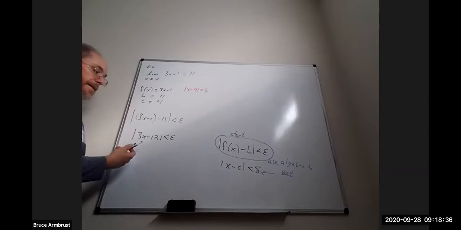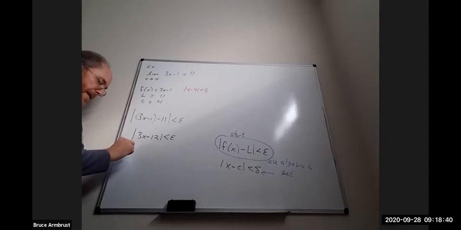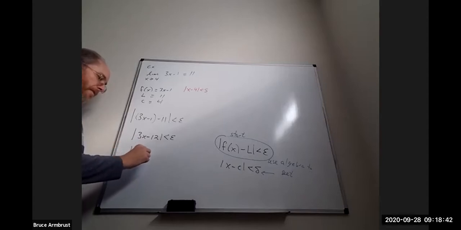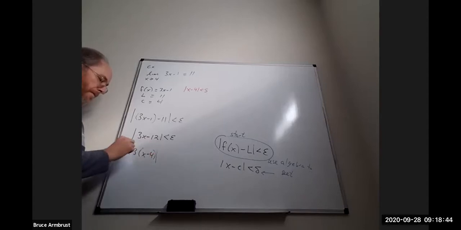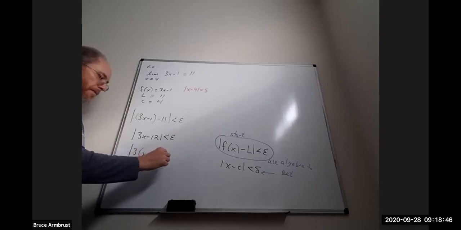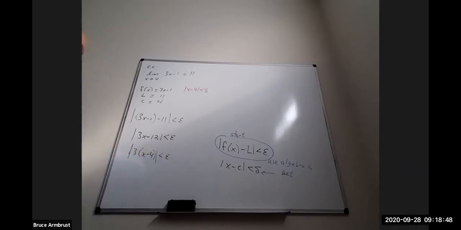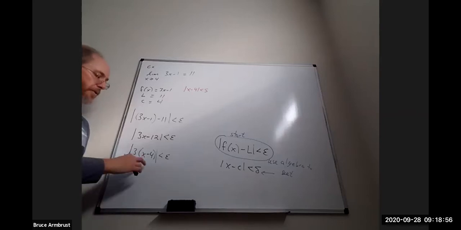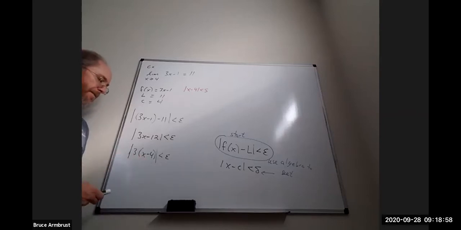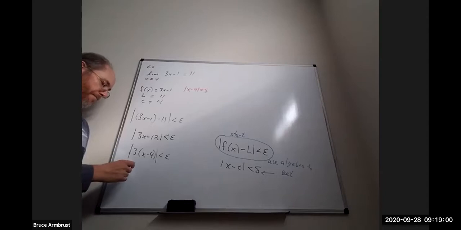A next step would be factoring out the 3, because in 3x minus 12, I can factor out a 3. And notice we're getting close. We almost have the x minus 4 all by itself. So the last step is going to be dividing by 3.